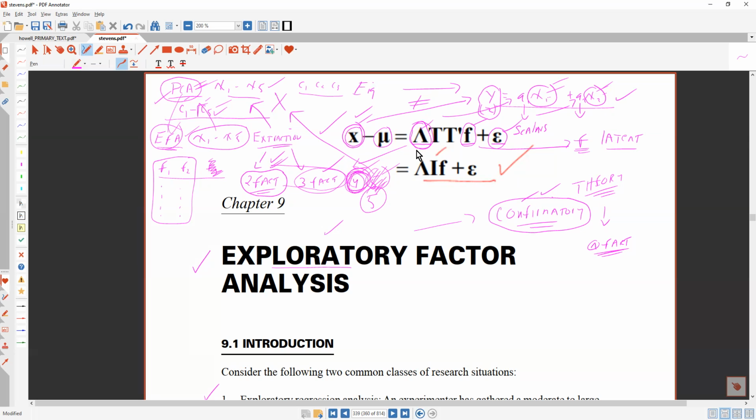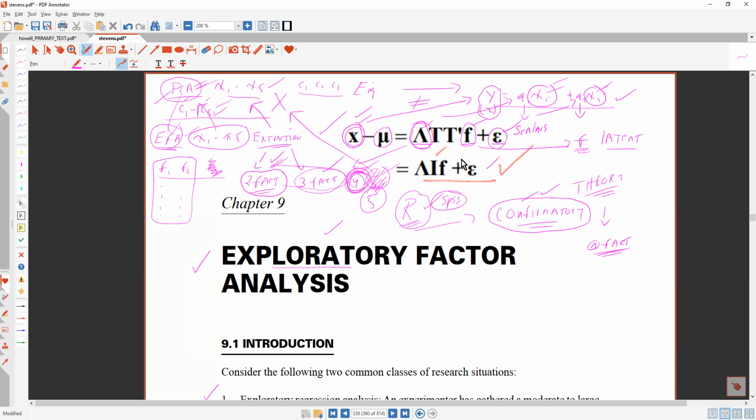So we have to talk about how software treats those things. In our software, which you'll be using for the final exam assignment, it's going to distinguish between EFA and PCA. There's not going to be any confusion there. In SPSS, SPSS overlaps them to a great deal. So you simply need to be aware, when you're using different versions of software, what you're actually looking at in the software program. And I have more to say to that as we go.